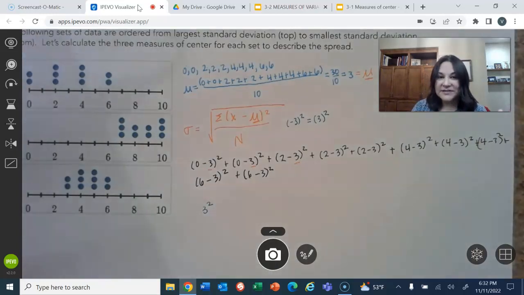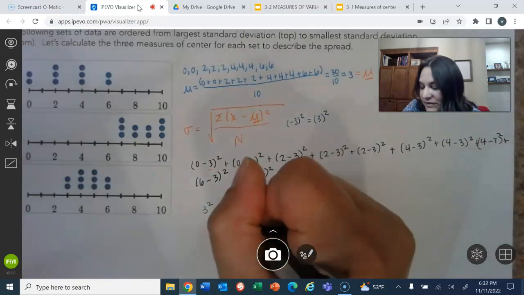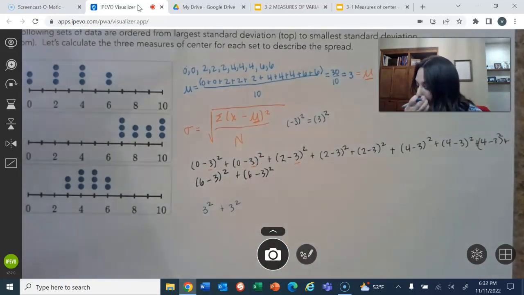All I care about is distance. When I'm doing this by hand, that is a mathematical conclusion that I would be happy that you made on paper. 0 minus 3 squared is the same as just 3 squared. So 3 squared, then I have another 3 squared.